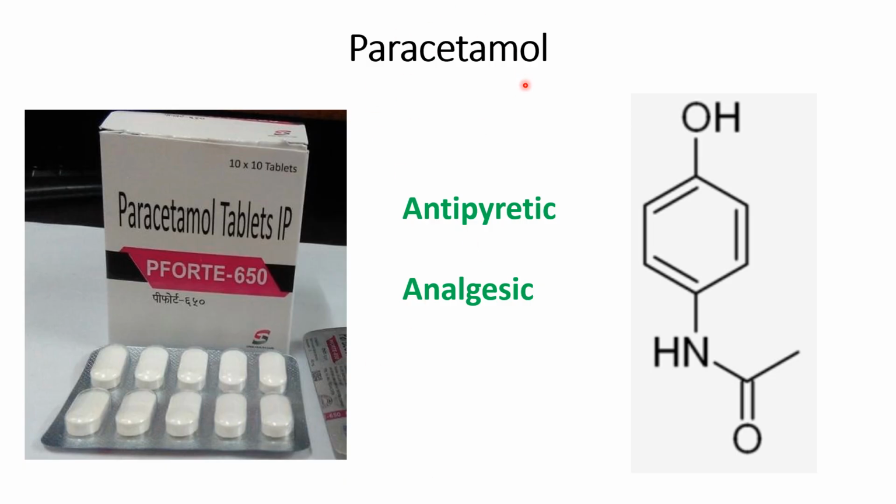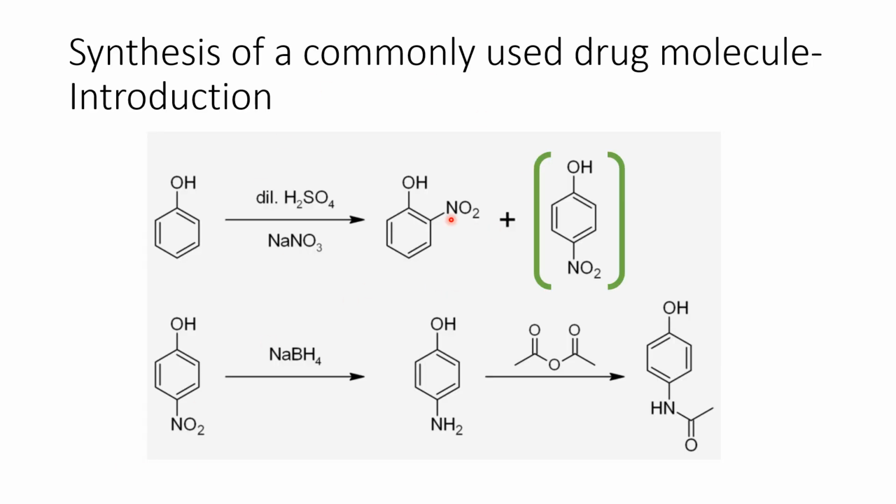So paracetamol, as I told you, is an antipyretic, whereas aspirin is used as an analgesic. In order to prepare paracetamol, the starting material is para-aminophenol. In this slide, you can see how para-aminophenol is prepared from phenol using dilute sulfuric acid and sodium nitrate.